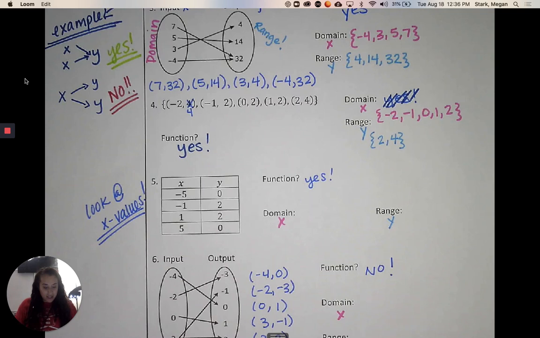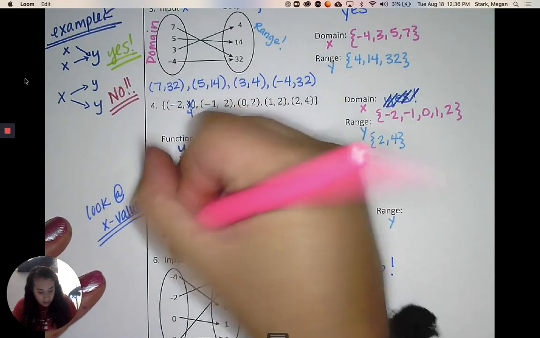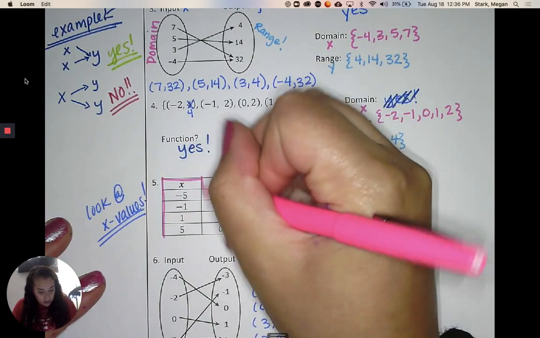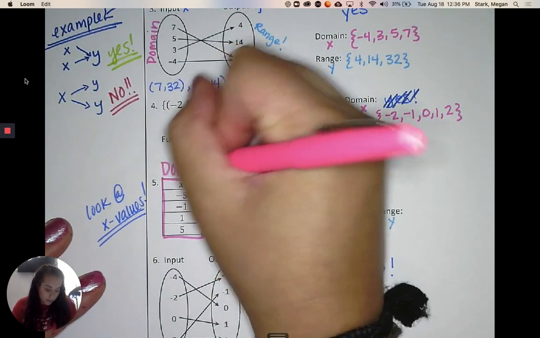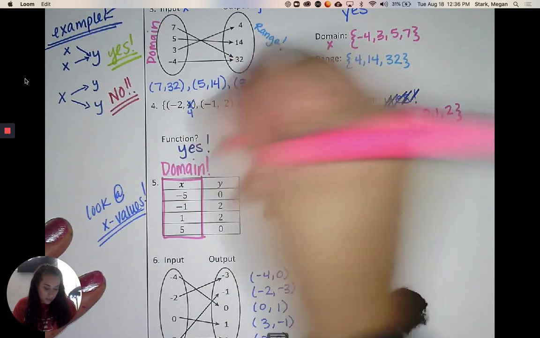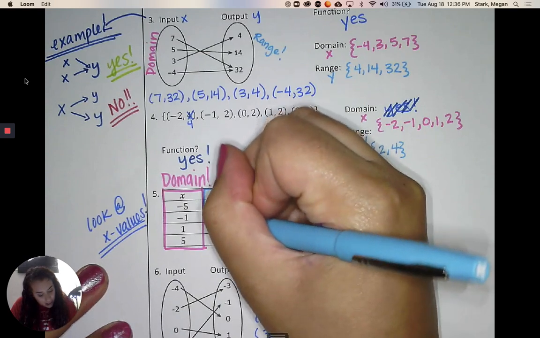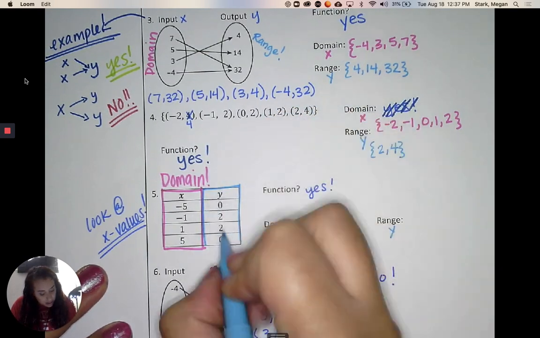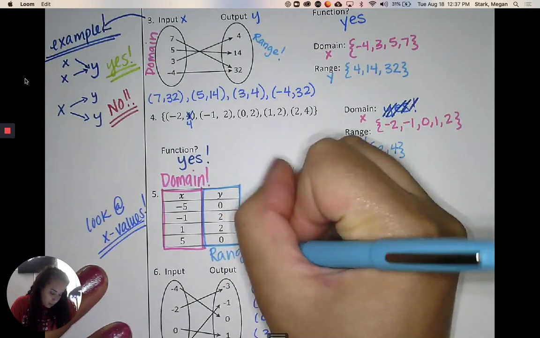Number 5, again, pretty simple. And I say simple because they already have it labeled for us. Domain is always x, so this entire column right here is our domain, which means this column right here is our range.